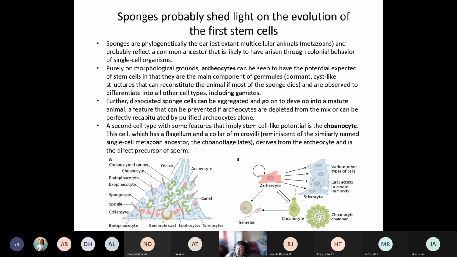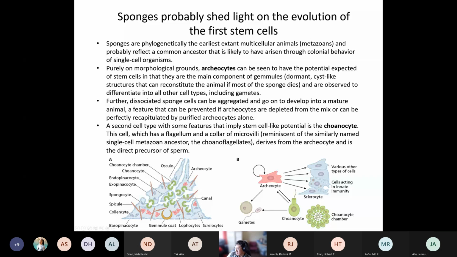Later on, maybe all the stem cells are related to this common origin. That's why sponge is important. It is a lower species, but we have the first example of stem cells described in this species. If you go even lower than sponges, you don't have any stem cells, not to our knowledge.